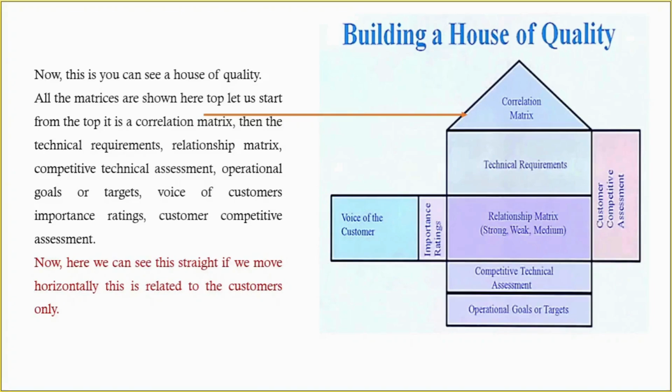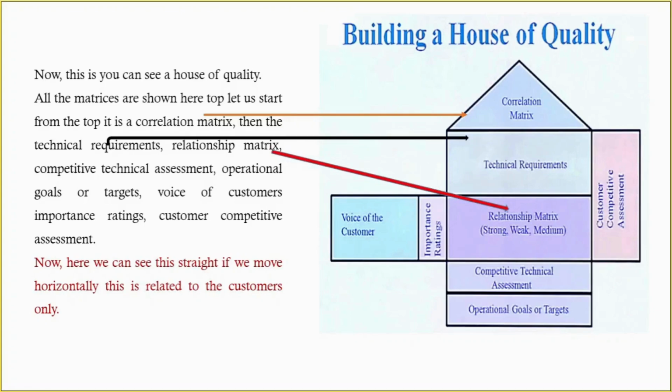Let us start from the top: the correlationship matrix. The next one is the technical requirement matrix. Then the next one is the relationship matrix, which may be strong, weak or medium. We are going to understand all these matrices after one or two slides. For now, just see the structure.